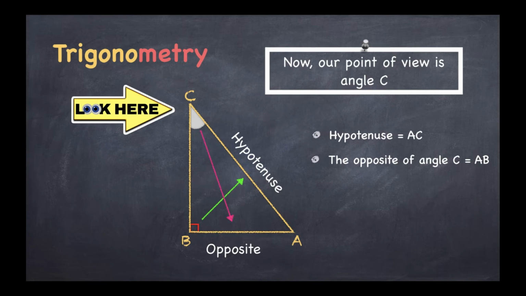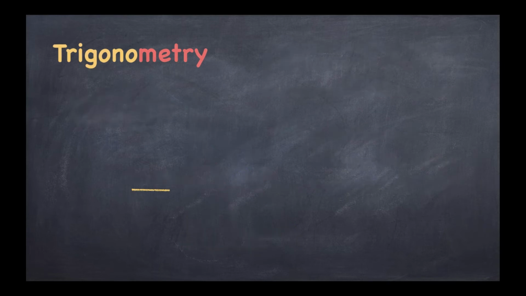Starting from the angle C, the adjacent side is side BC. So, in every triangle, there are 3 sides, and each side has its own name. Okay? Go on to the next triangle.